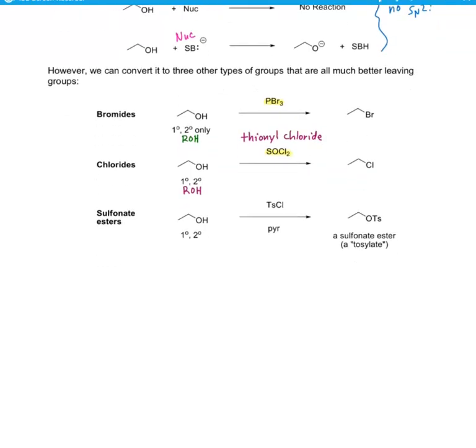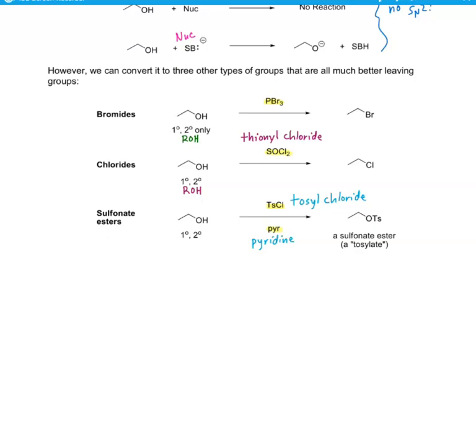A third possibility that you can use is to make the alcohol into something called a sulfonate ester, which again is going to work best on primary and secondary alcohols. To do so, you're going to treat the alcohol with a combination of reagents. The one on the top is called tosyl chloride, and the one on the bottom, PYR, is an abbreviation for something called pyridine.